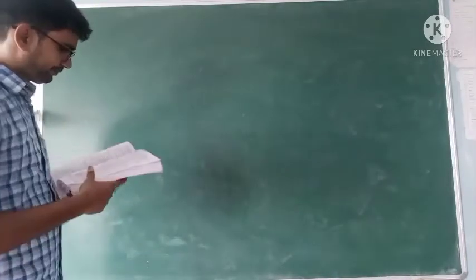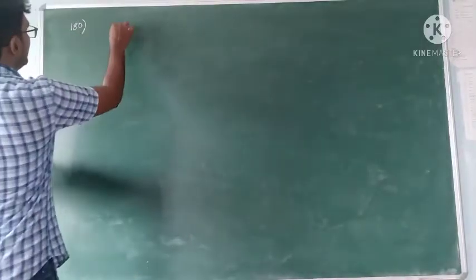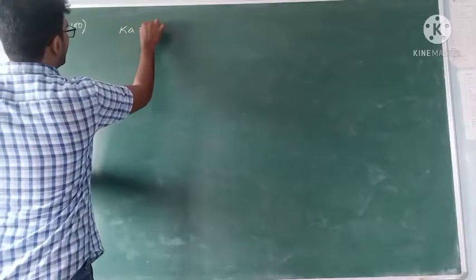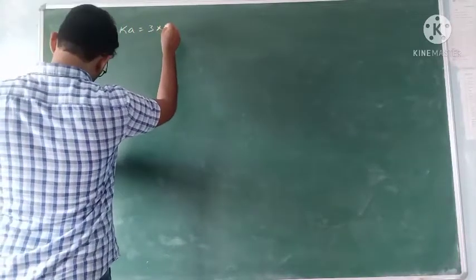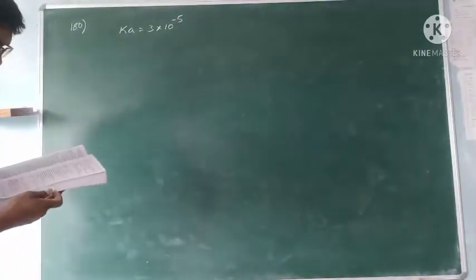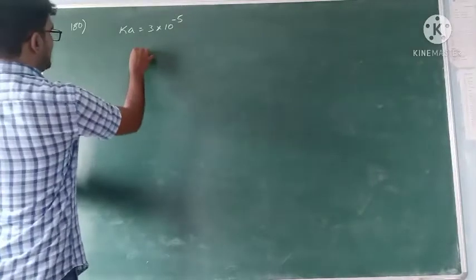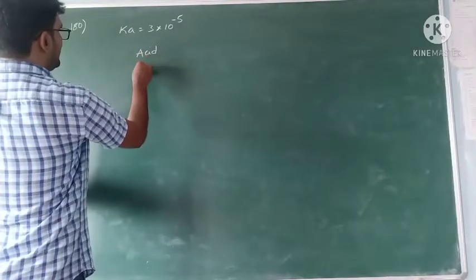Next one, 180. The acid base indicator has a Ka value. Ka value is given, that is 3 into 10 to the power of minus 5. The acid form of an indicator is red. Acid form is present in which color?